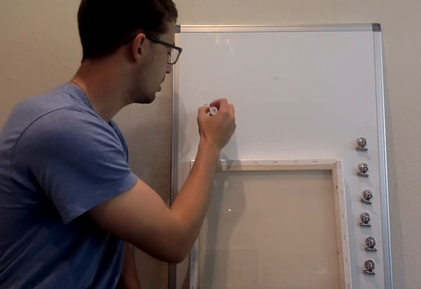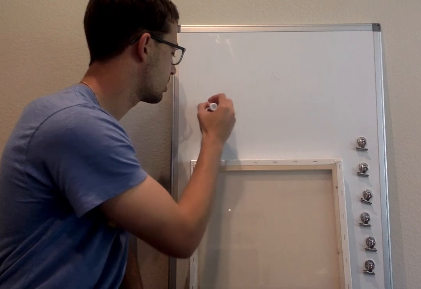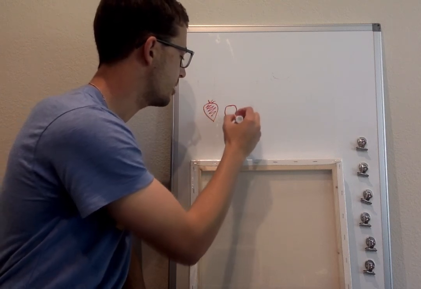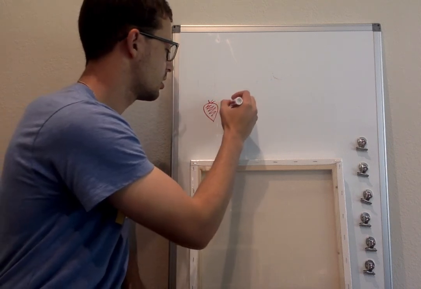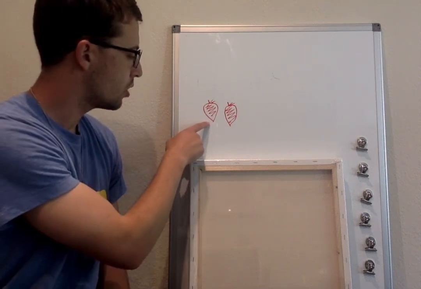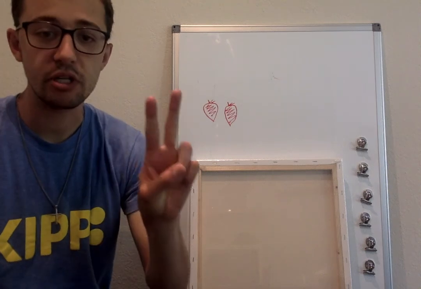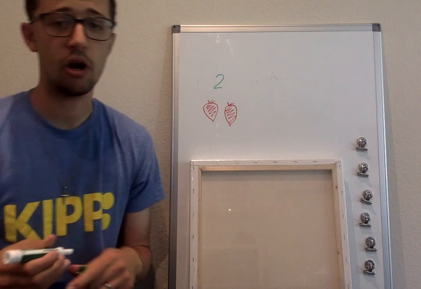And so I'm going to draw some strawberries. And let's count how many strawberries Clarissa was eating. Huskies, how many strawberries did Clarissa have? 1, 2. Huskies, can you show me 2 with your fingers? So Clarissa had 2 strawberries.